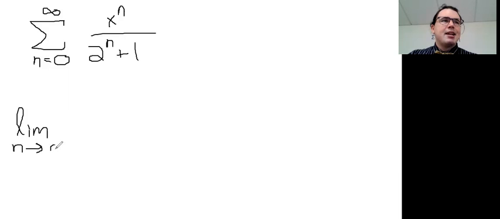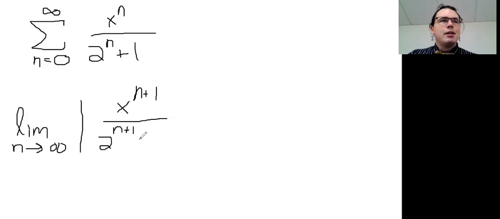So I'll take the limit as n goes to positive infinity. I have my absolute value of the formula evaluated at n plus 1. So numerator, x to the power n plus 1, denominator, 2 to the power n plus 1, and then I add 1 to that quantity.